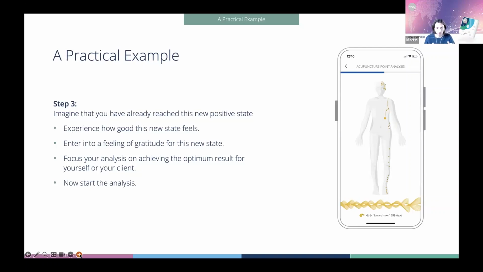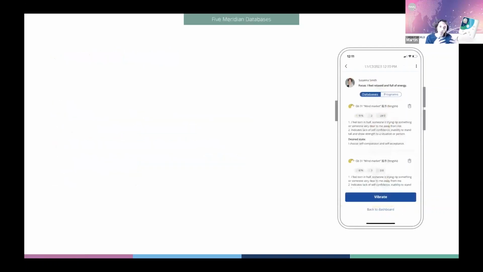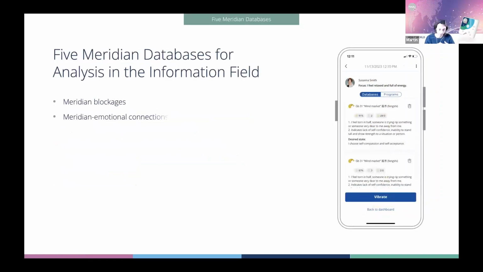So very neutral, the optimal result of the analysis, the optimal positive information. And if you have this optimal positive information, then you get what comes from within. So you get the information out of the information field that resonates with your inner state. And then you usually get the optimal and very precise results.